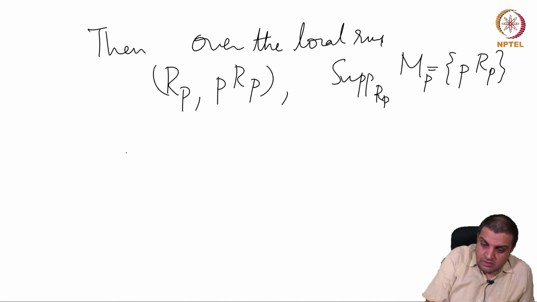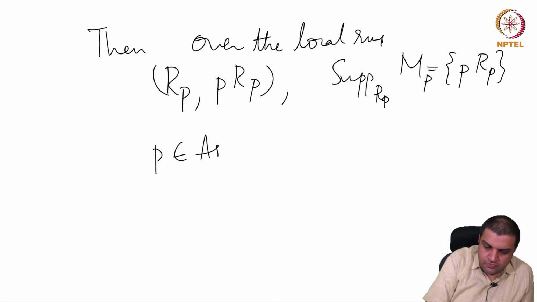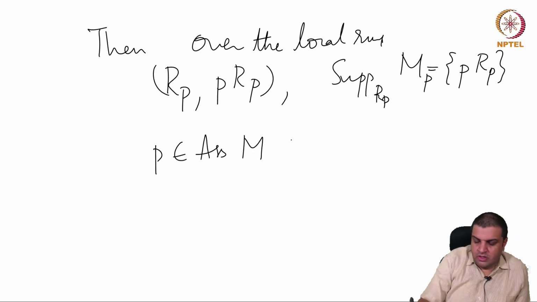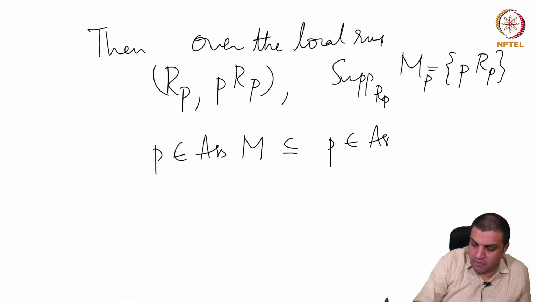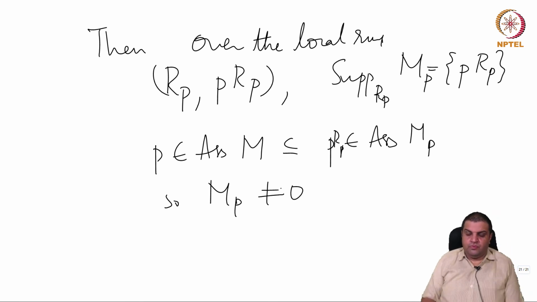And okay, so first observe that P associated to M implies that PRP is associated to M localized at P. So M localized at P is not 0. Okay.